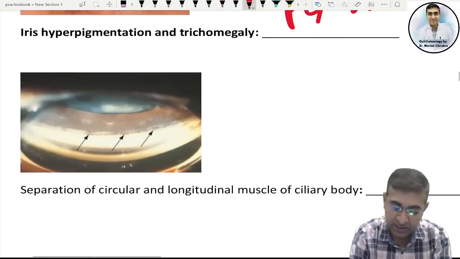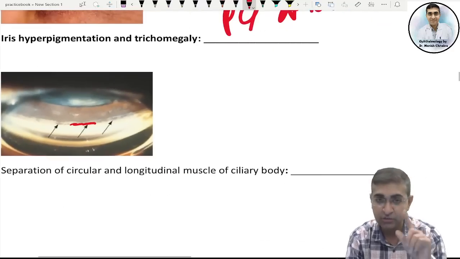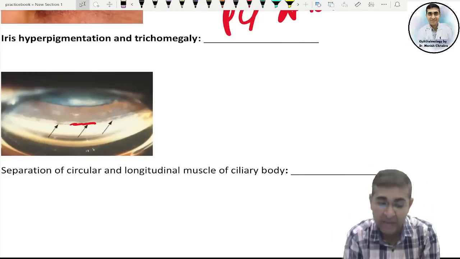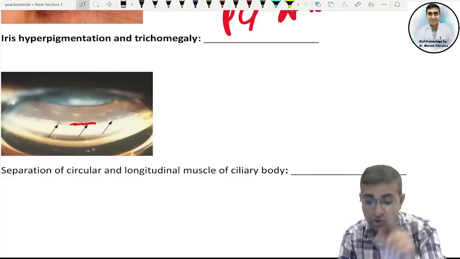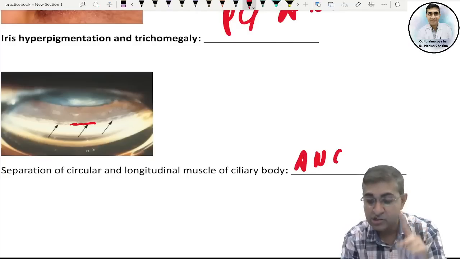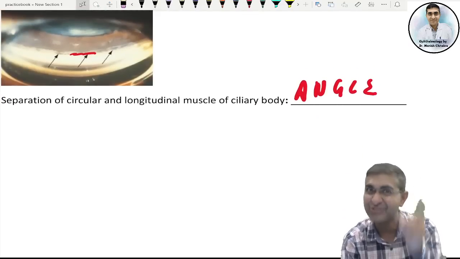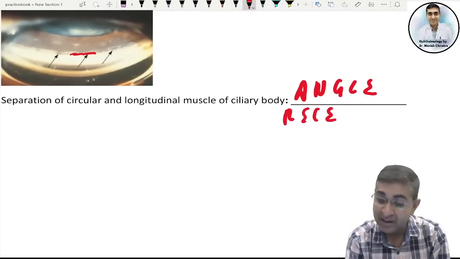Okay, now what is this? There is separation of the circular muscle and the longitudinal muscle of the ciliary body. What is this known as? It is also a recent exam question: separation of circular and longitudinal muscle of the ciliary body is known as. The answer is pretty straightforward: angle recession.